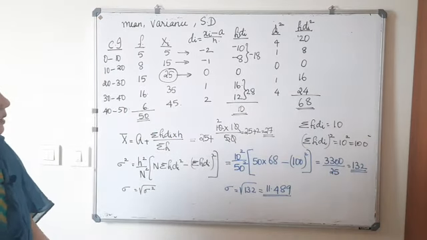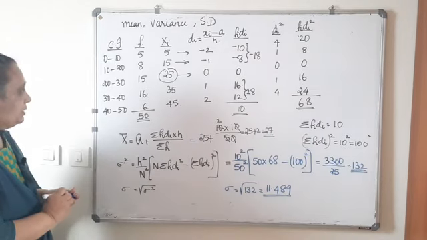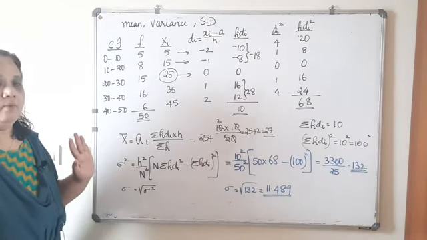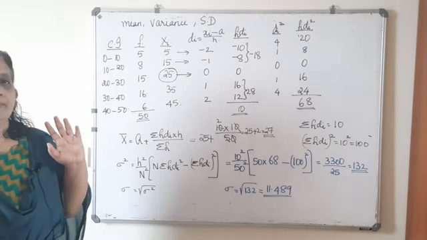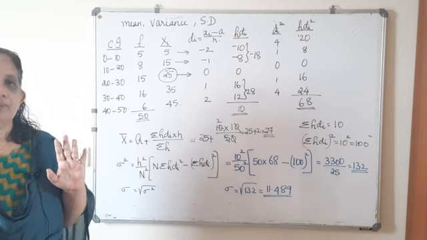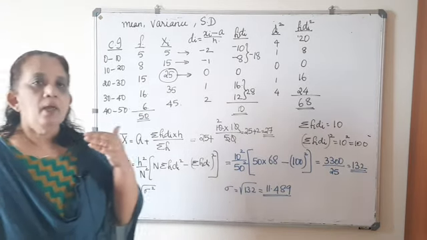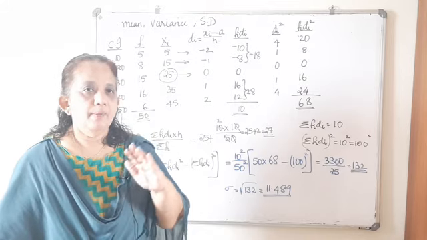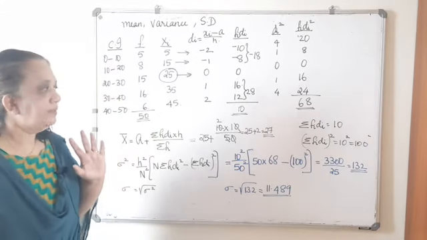This is how you calculate the mean, variance and standard deviation when class intervals are given. One thing you have to see is that the class interval should be continuous. If not continuous, you have to make it continuous by subtracting 0.5 from the lower limit and adding 0.5 to the upper limit so that the class intervals become continuous.